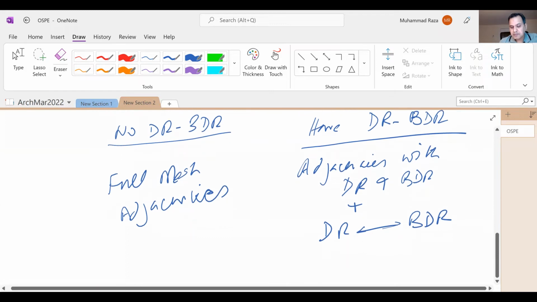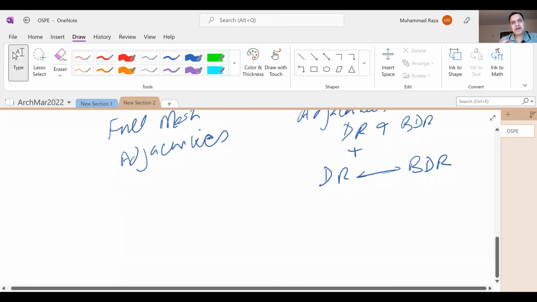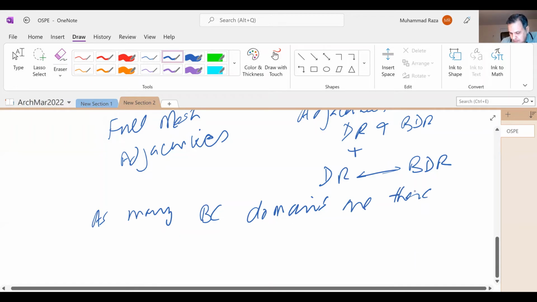So that means wherever there is a broadcast domain, there is DR, BDR. So how many DR, BDR are there in an OSPF network? As many as there are broadcast domains, there will be DRs and BDRs.